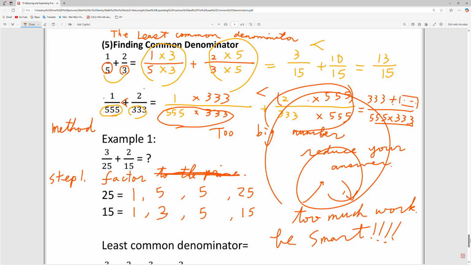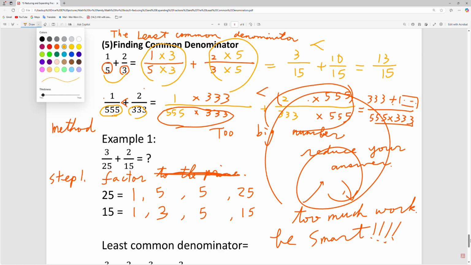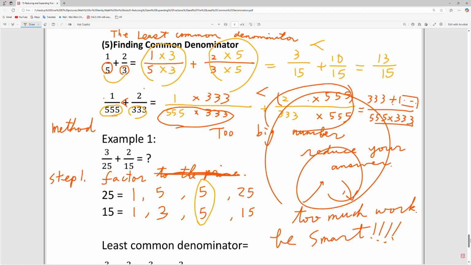So do you see they have a common factor? They have one common factor, 5. Okay, then because you have the common factor 5, ignore these two. This number is 5 times 5.